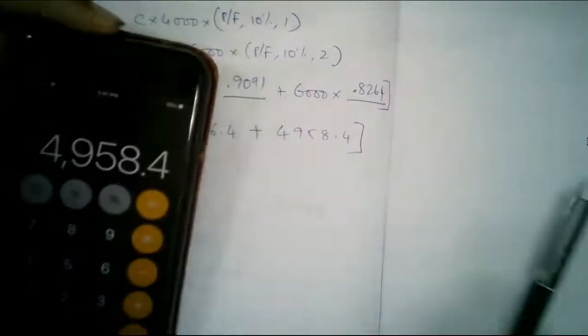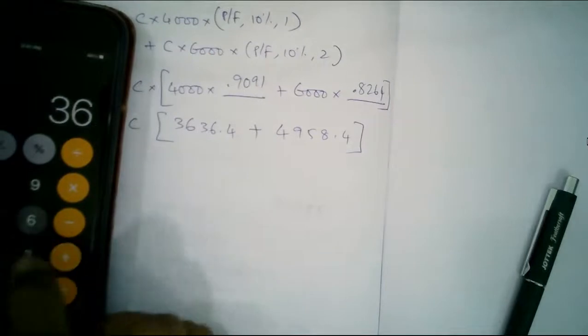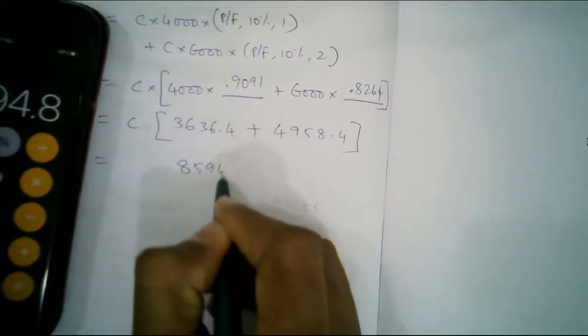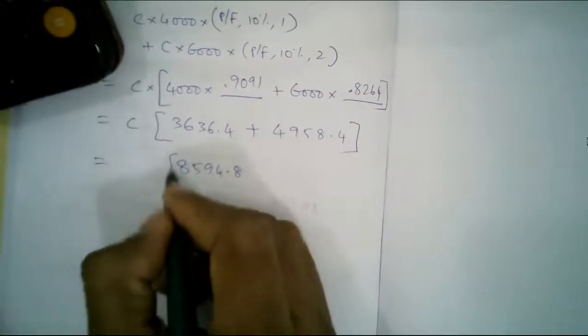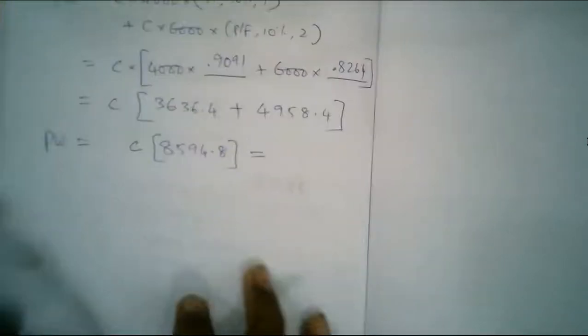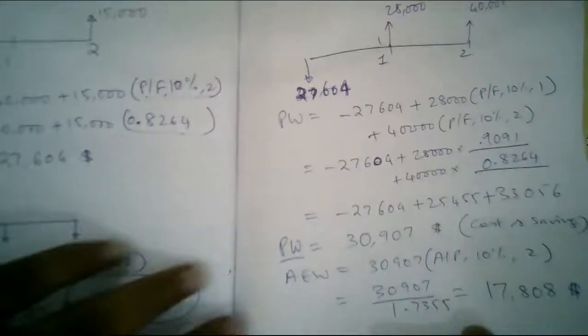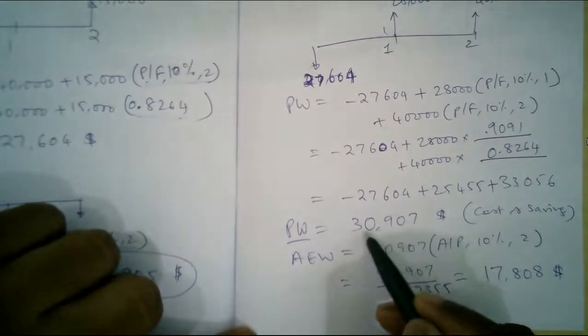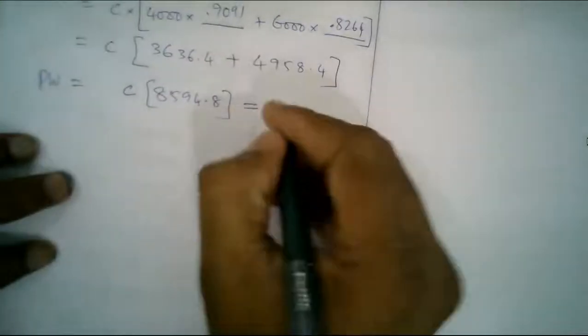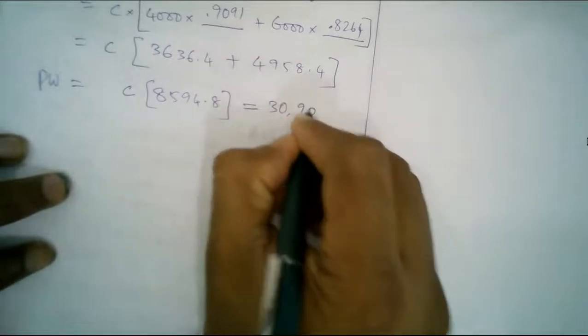So the total is 8,594.8 into C. This is nothing but the present worth of the project, which is exactly equal to the present worth we calculated based on the savings, that is 30,907. So that's what I will write here, 30,907.